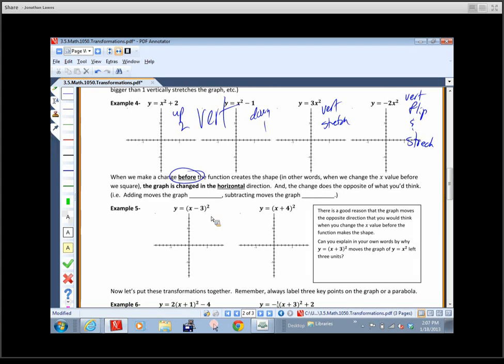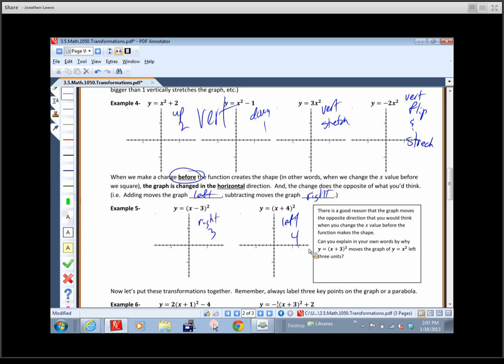So adding moves the graph to the left, and subtracting moves the graph to the right. Because that's what this does, right? This is going to move it right 3, and this is going to move it left 4. Okay, now, am I going too fast? Are we okay? Is this all making sense?